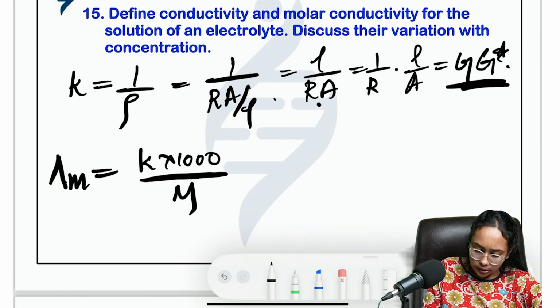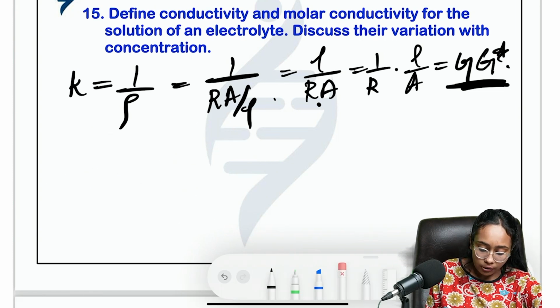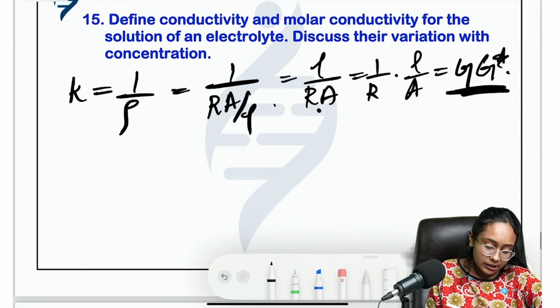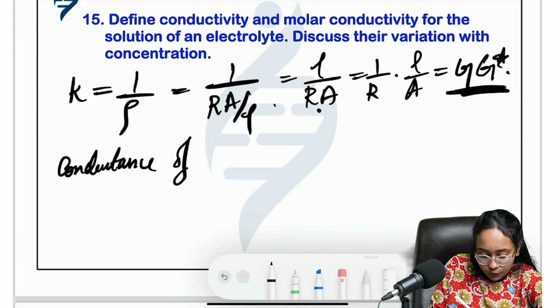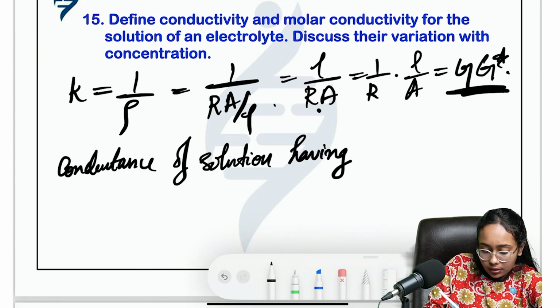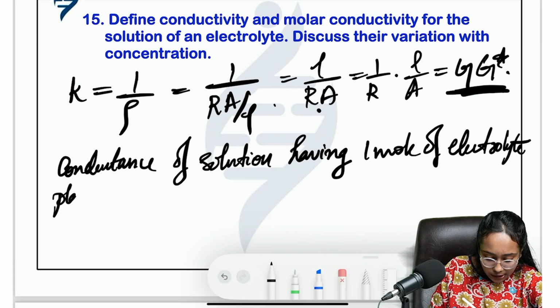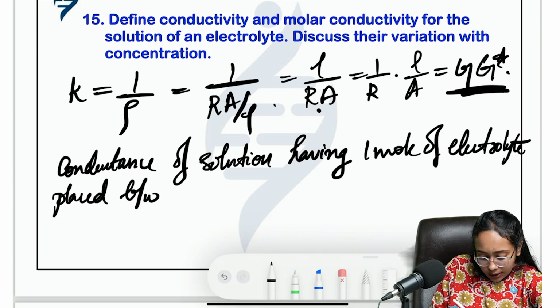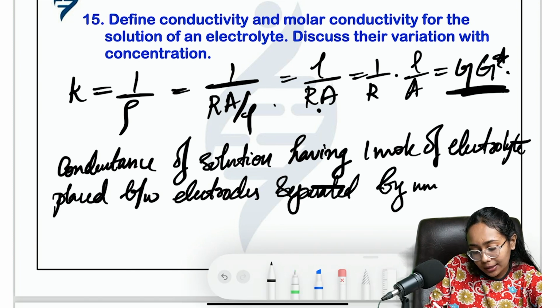You can either define lambda M in the form of an equation, or else you can define it as well. Molar conductivity means the conductance of a solution having 1 mole of electrolyte placed between electrodes separated by unit length.